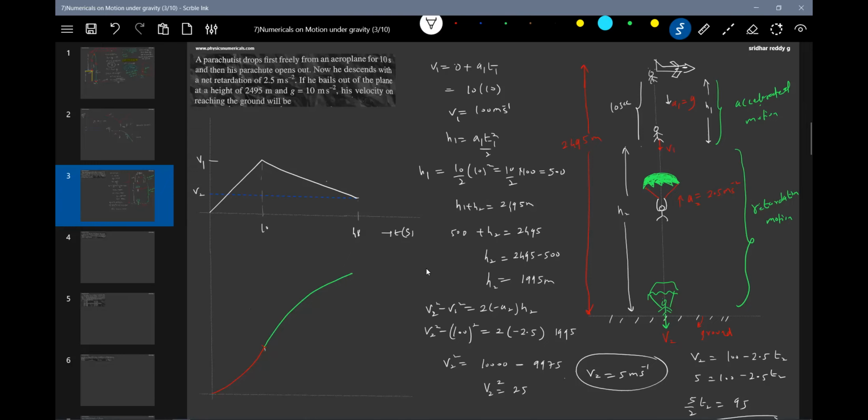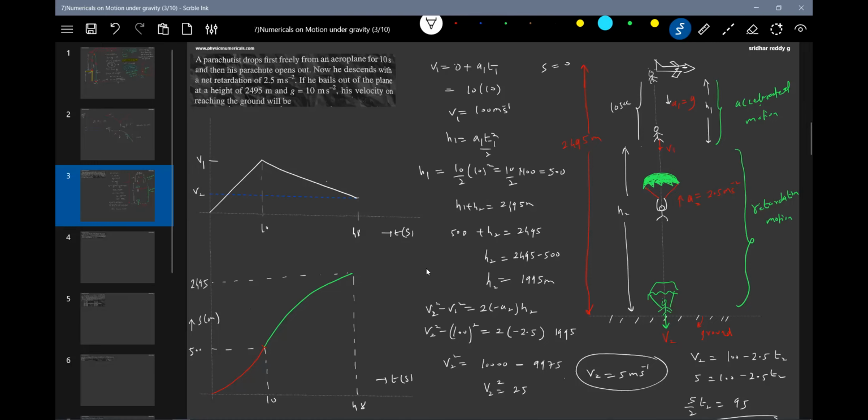So therefore, this will be 10, 48. So what is the total? This will be 2495. And H1 we have calculated, so this will be 500. This is the position. S equals 0, I'll define this one.